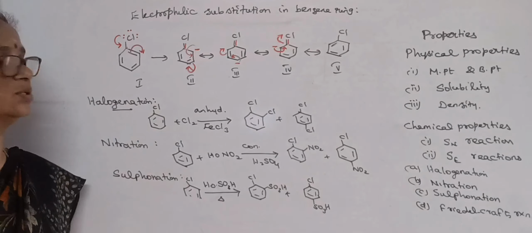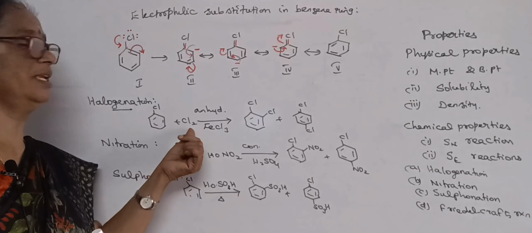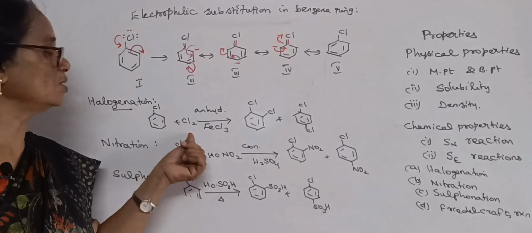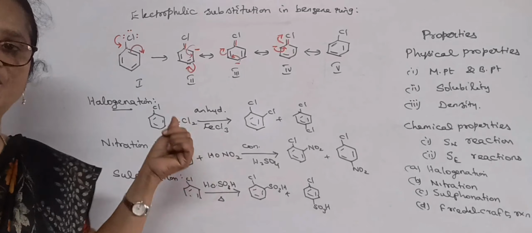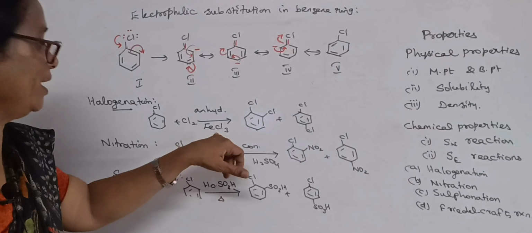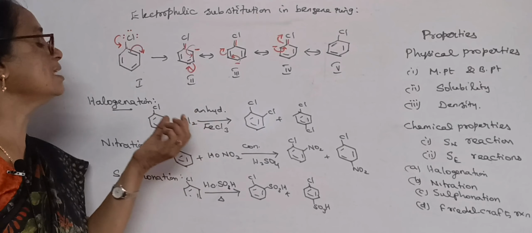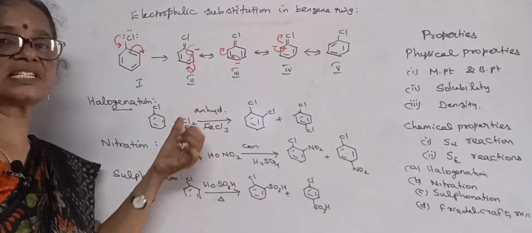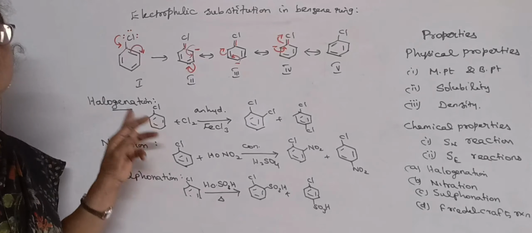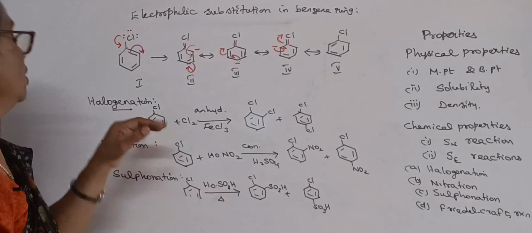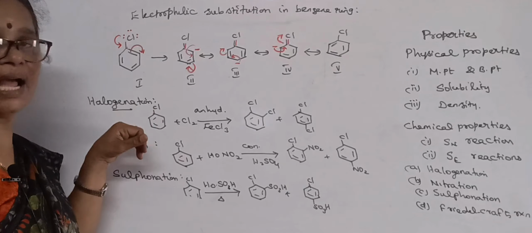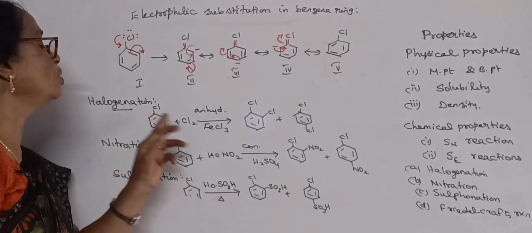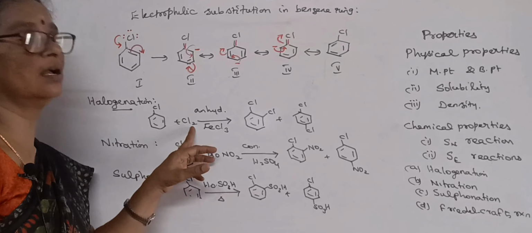The first one, halogenation. Halogenation is possible with the halogen, either chlorine or bromine. Based on the halogen taken, the catalyst should be either ferric chloride or ferric bromide. Why do we take ferric chloride? Because the halogen cannot be ionized by itself, and the ring is less reactive.